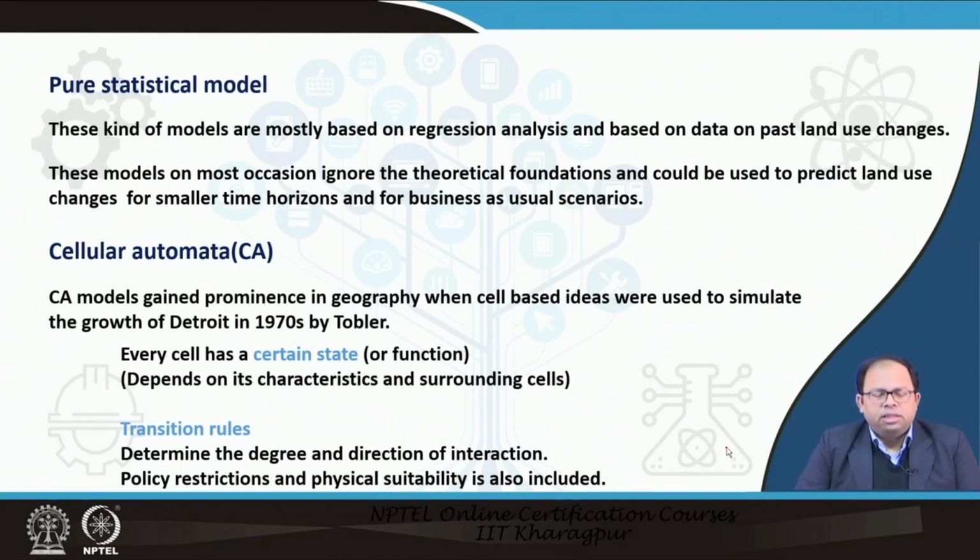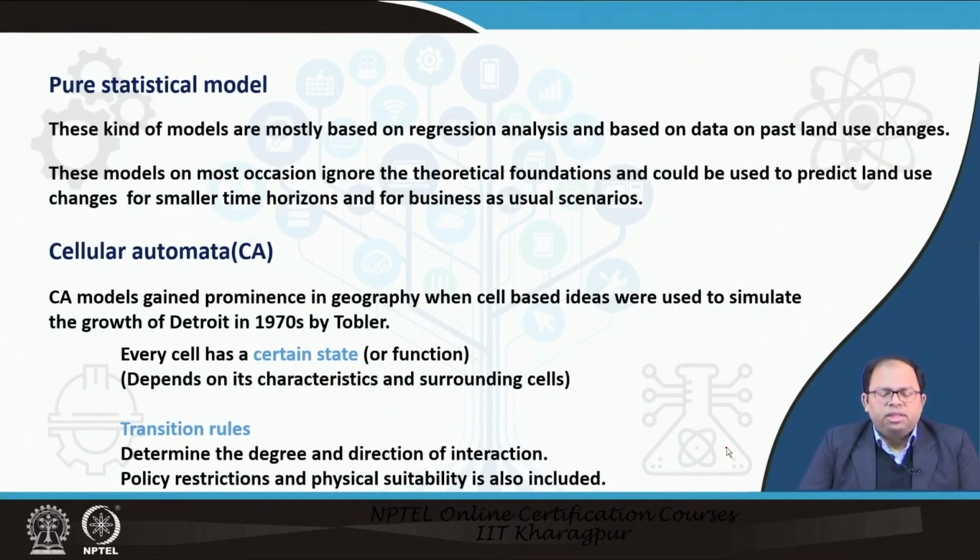And there are transition rules. That means one cell changes its state from its existing state to a new state based on certain rules, and transition rules determine the degree and direction of interaction, and they also take into consideration the policy restrictions and the physical suitability that is required to take up the transition process.